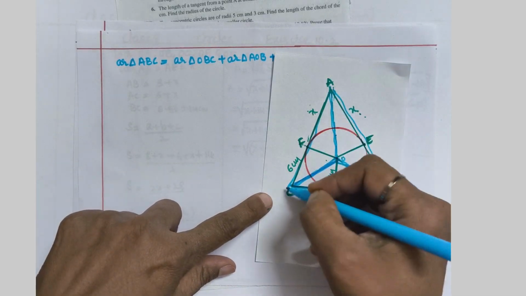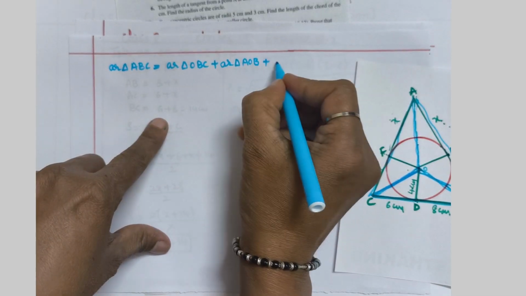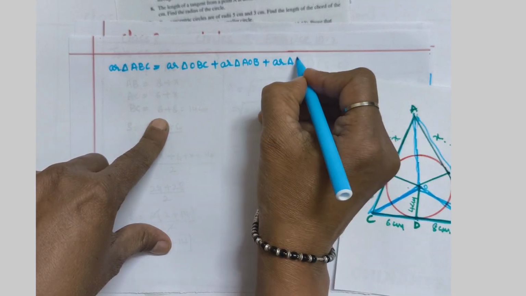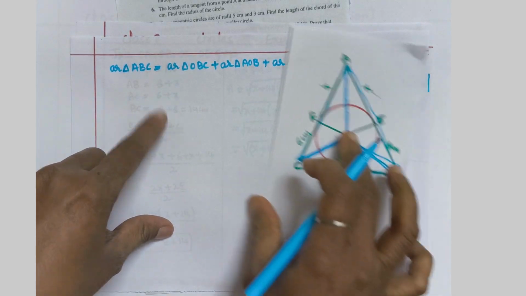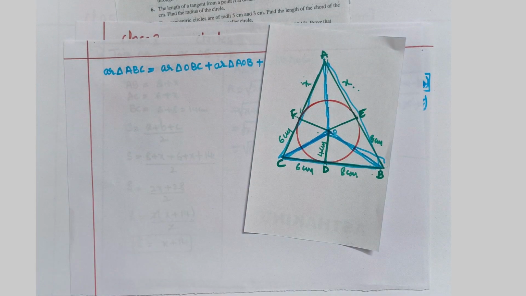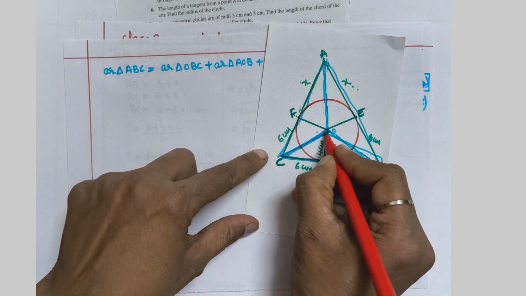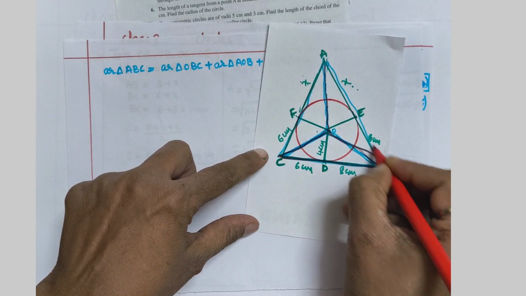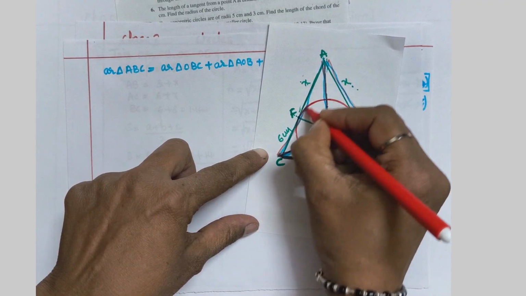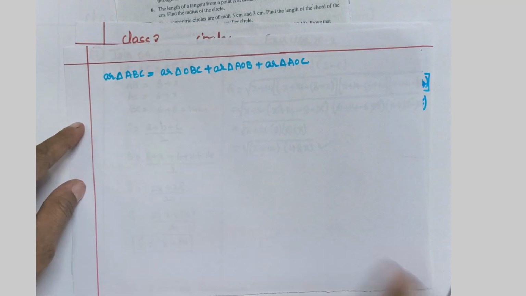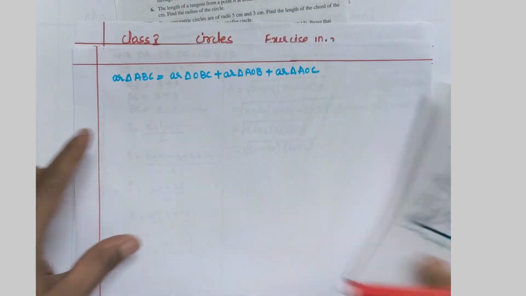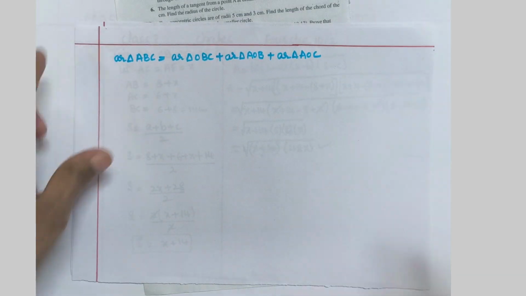Next, area of triangle AOC. This full triangle equals this triangle plus this triangle plus this triangle. These 3 triangles added give you triangle ABC. This one we will simplify.